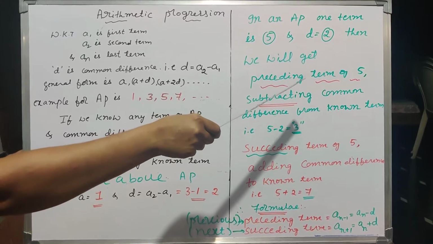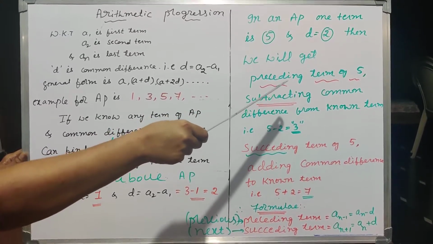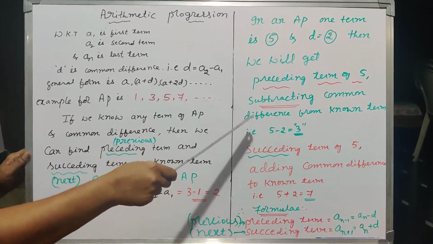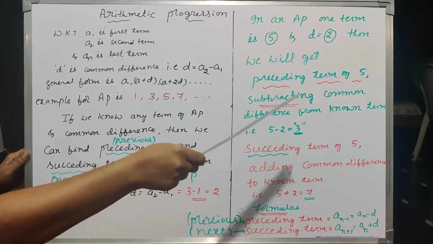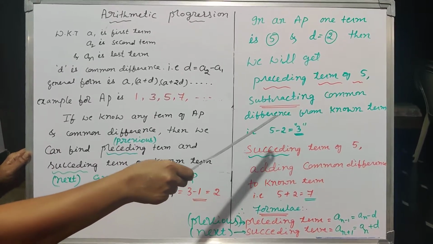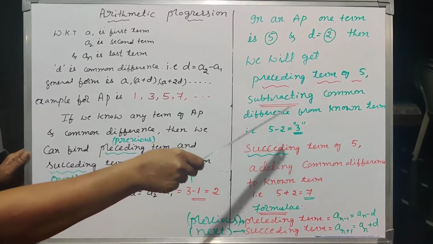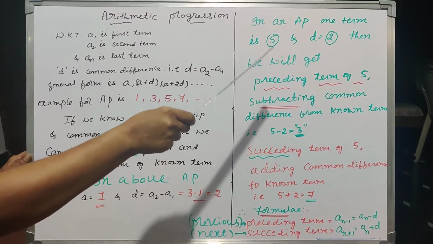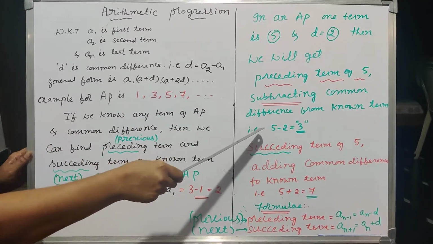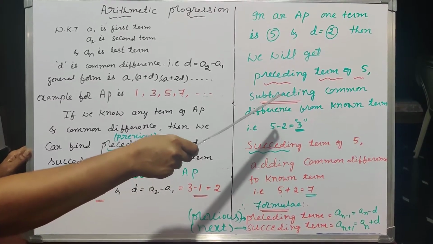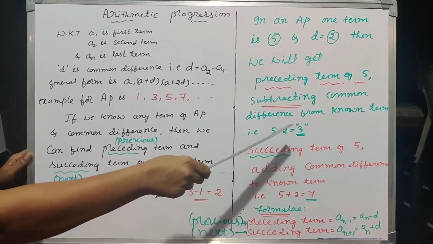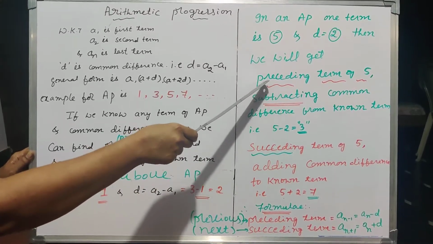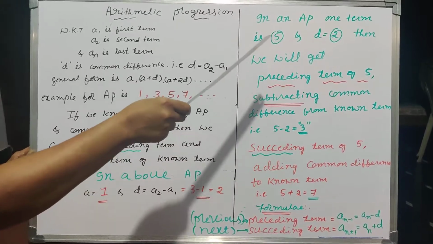For the preceding term of 5, we subtract the common difference from the known term, that is 5 minus 2, which is 3. Are you getting the idea? From the 5 I am subtracting the common difference, which is here 2. Therefore, 5 minus 2 is equal to 3. 3 is the preceding term of the 5 in the AP.